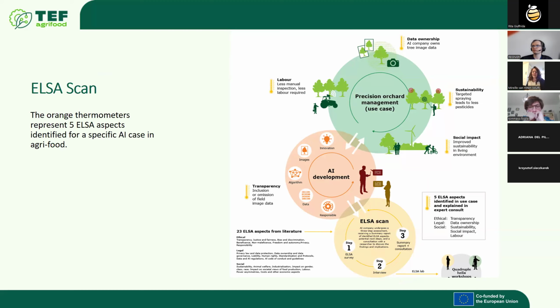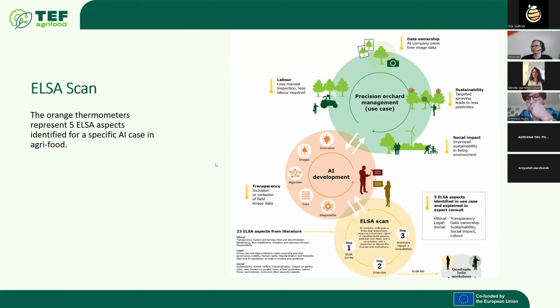An ELSA scan then means that we do all of those 3 steps, and the outcome of that is, for example, the 5 yellow-orange thermometers that you see on the image here are ELSA aspects that we find. So, for example, transparency on the left end here.